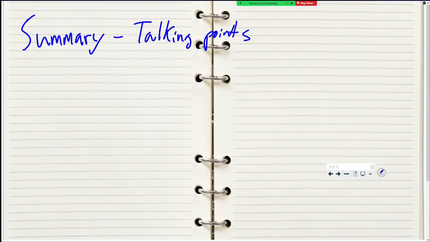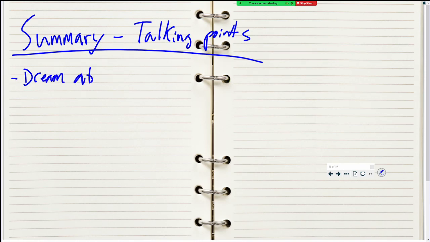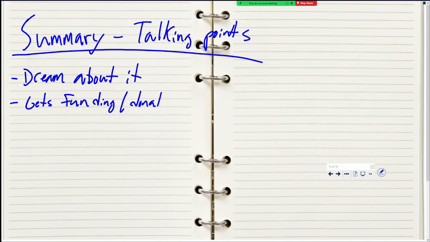You do a point form thing, like you say, she has the dream, she has the dream about it, she gets funding, the donation, sets up the place, plans to promote it.